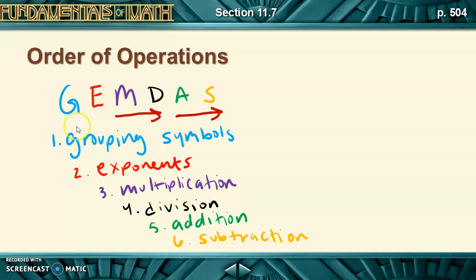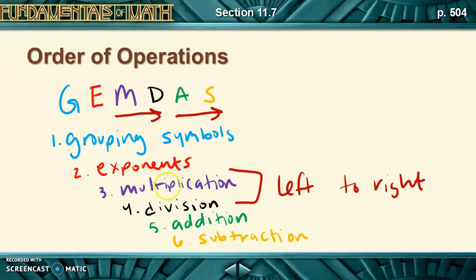So if we ever have any grouping symbols, we do the work inside of those first. Then we look for any exponents and apply them. And kind of important for us, multiplication and division, those two I put an arrow underneath, because whenever it comes to multiplication or division, we have to do those left to right.